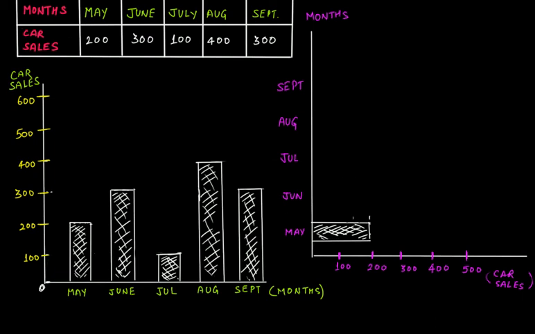So this is for the month of May. Okay. Then for the month of June, it's 300.